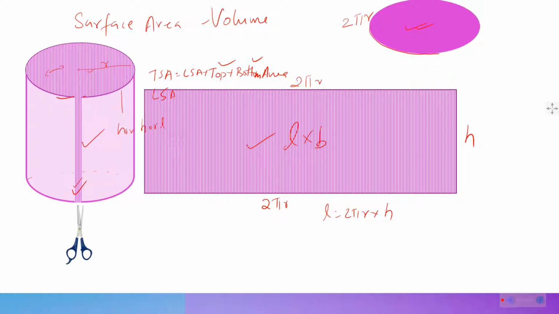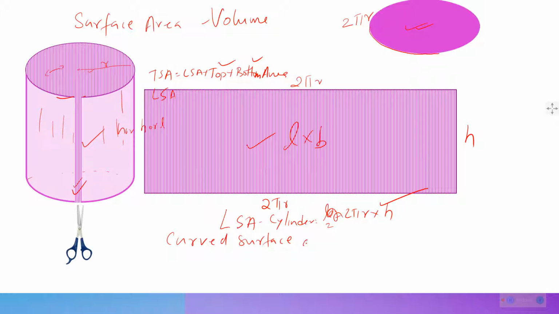So my dear students, in order to calculate the lateral surface area of a cylinder, we can say it is 2 pi r h. 2 pi r into h will be the lateral or curved surface area.